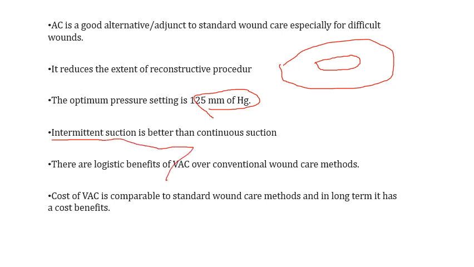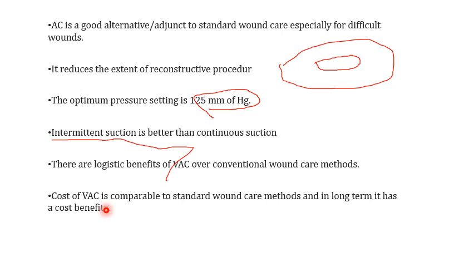Definitely it is more profitable, more noteworthy than traditional wound care methods. Now, all the time people were talking about the cost. Cost is expensive, but there are custom-made devices which become much cheaper.